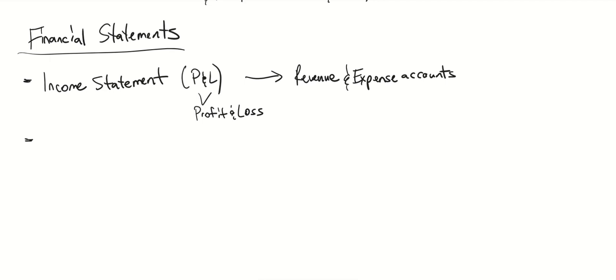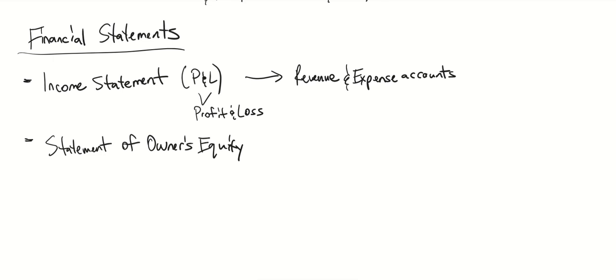The next financial statement here is the statement of owner's equity. Now, the statement of owner's equity is pretty much like the statement of retained earnings.